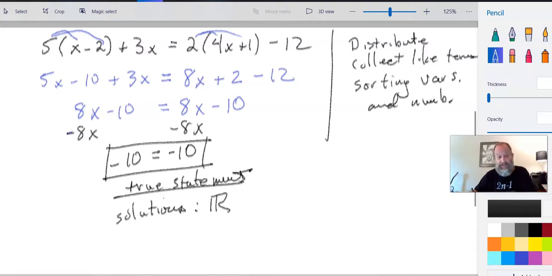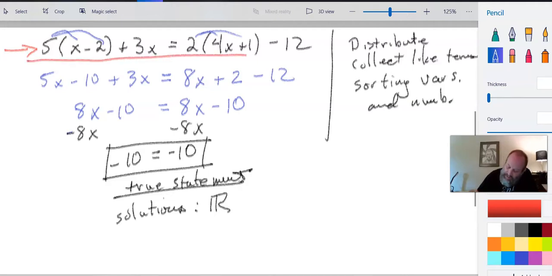What that actually means, if you say all real numbers are the solution, that means any number you pick, no matter what it is, if you plug it in for x in this original equation, if you plug any number in for x, you will get a true statement out of it. So basically what it's saying is that there is nothing you can do to make this equation not a true statement. It doesn't matter what you plug in for x, it's going to disappear, right?